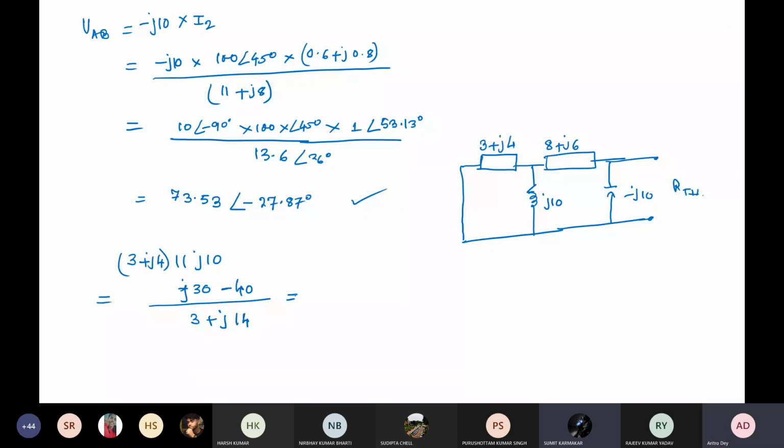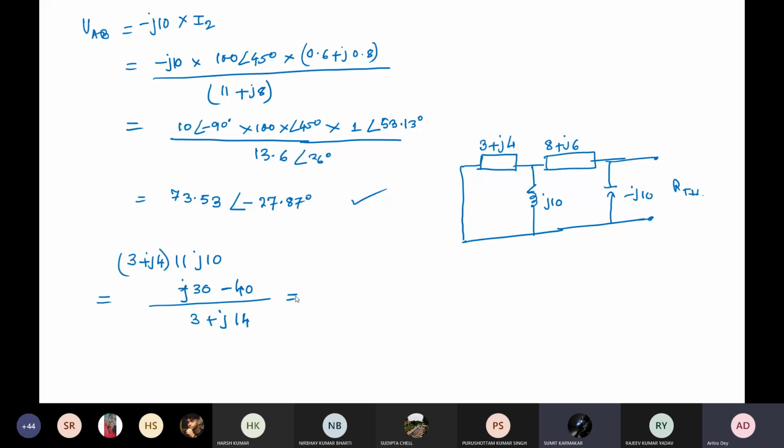It takes time to solve because every time you have to change from polar to rectangular, rectangular to polar. So we'll take polar, then we'll take minus 40 comma 30.